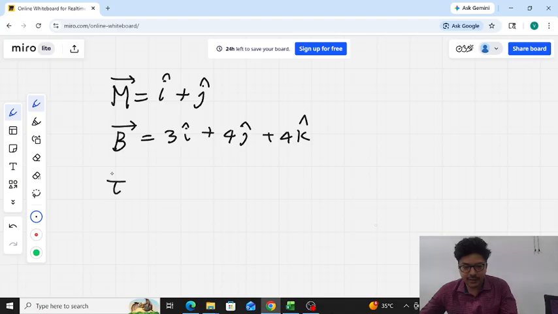Torque vector is equal to m vector cross b vector.